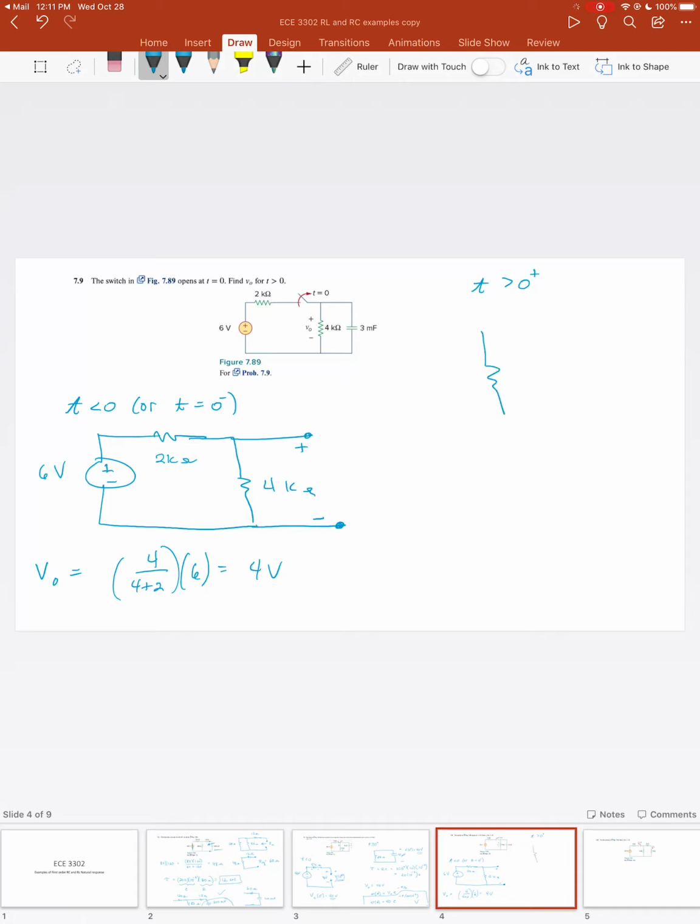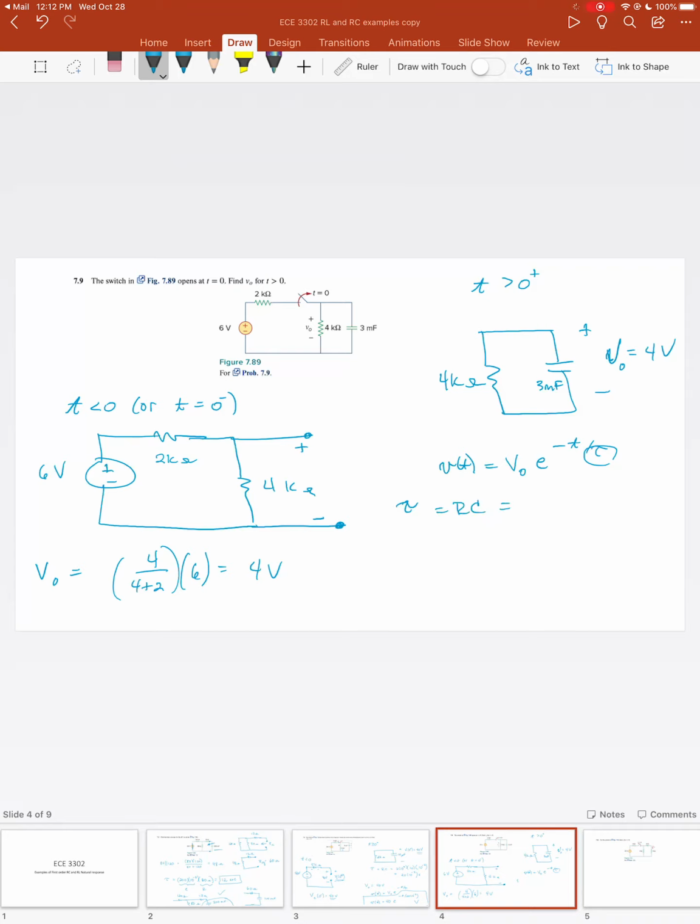So now let's look at the circuit for t greater than 0. So once again, the voltage across the capacitor does not change instantaneously. So the initial condition after the switch moves is that we had some voltage, V naught, that was 4 volts. We have 3 millifarads. We have 4 kiloohms. So V of t is V0 e to the minus t over tau.